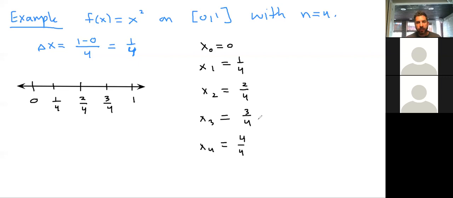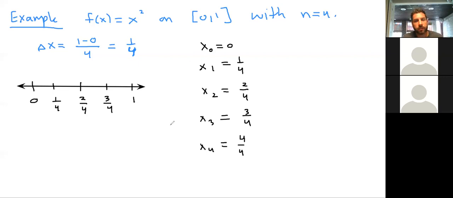Look at the pattern here. Lots of patterns hiding out here.